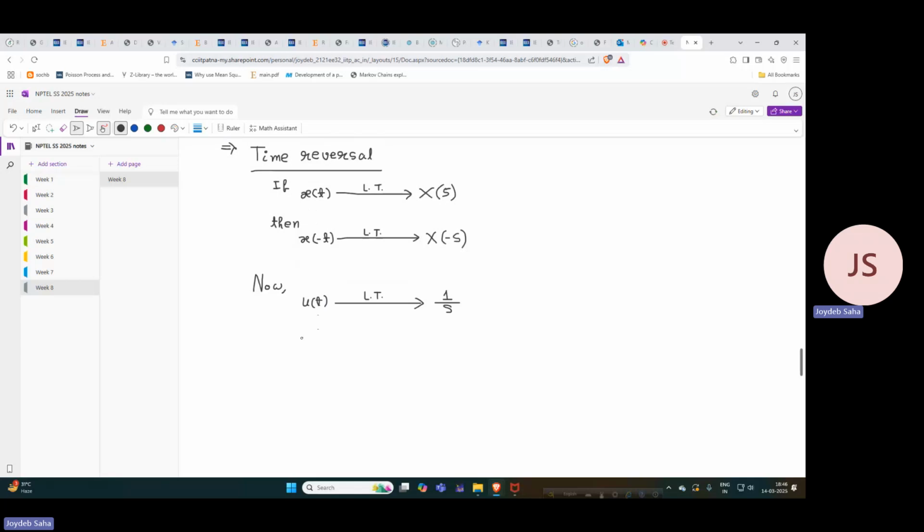So u(minus t), its Laplace transform is 1 upon minus s.